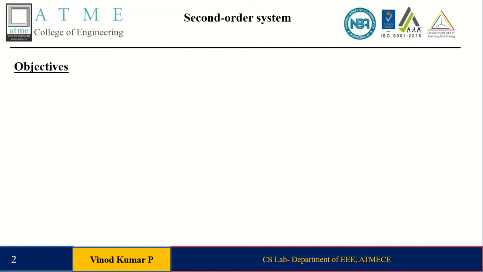All these are the prerequisites for this experiment. You can visit any of the prescribed control system textbooks for more information about second order system, damping ratio zeta, and various transfer functions.